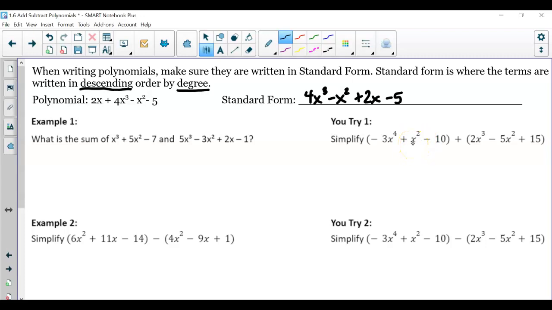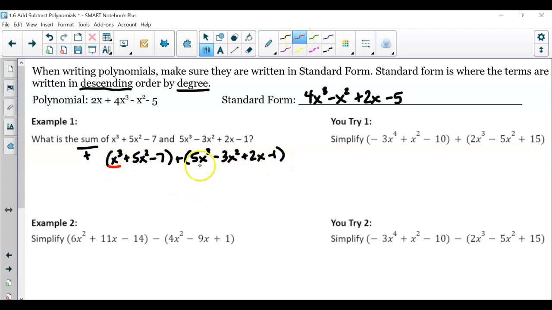We've reviewed adding and subtracting, but again, let's just make sure that we're good to go. So in the first example here, it says, what is the sum? Meaning we are adding these two together. So we are adding x cubed plus 5x squared minus 7 plus 5x cubed minus 3x squared plus 2x minus 1. Then just going through and combining like terms.